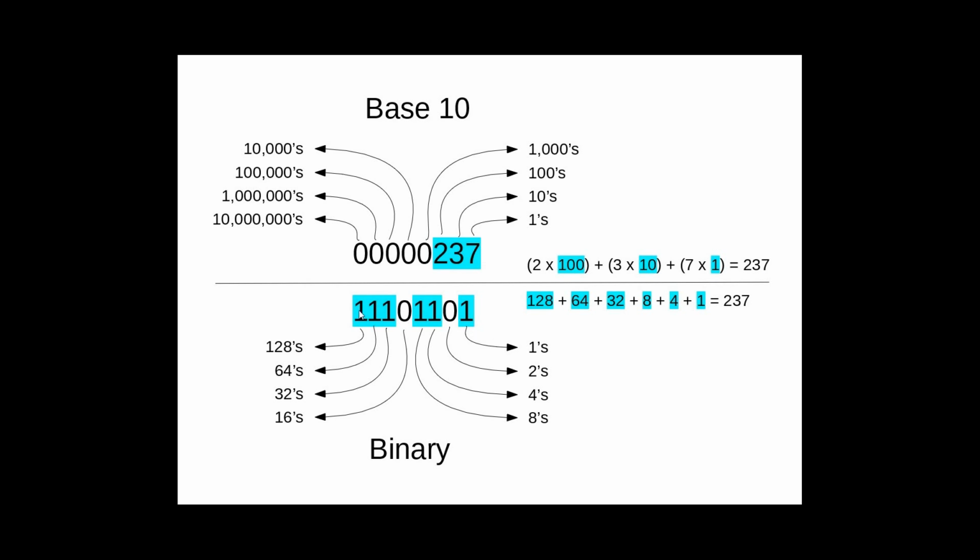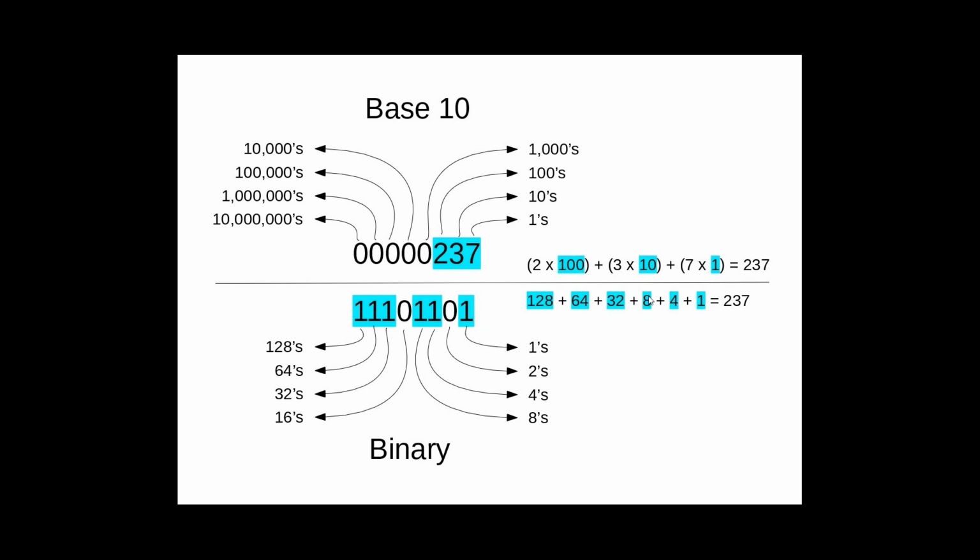This is 237 in binary. We can look at this 1 in the 128's place, so that's 128. We've got 1 in the 64 place, plus 64. We've got 1 in 32's, there's 32, plus we don't have anything here in 16's, so we move on.